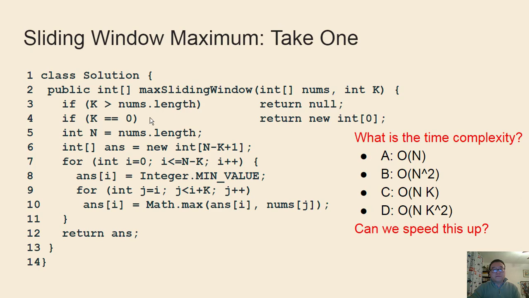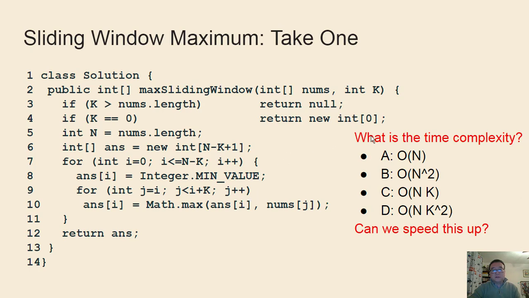Otherwise, if k is 0, we return a one element array containing 0. Otherwise, we create the result array, and for every possible sliding window, we compute its max. We scan through the window and get the max.